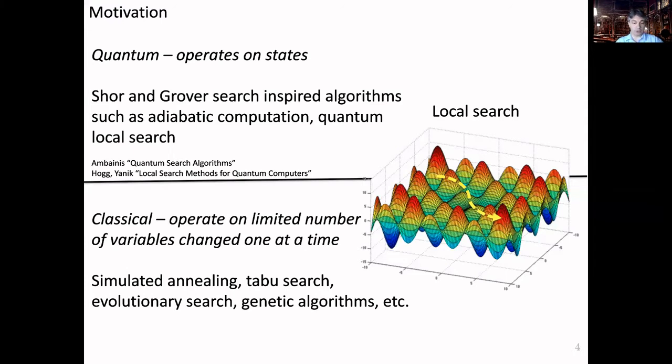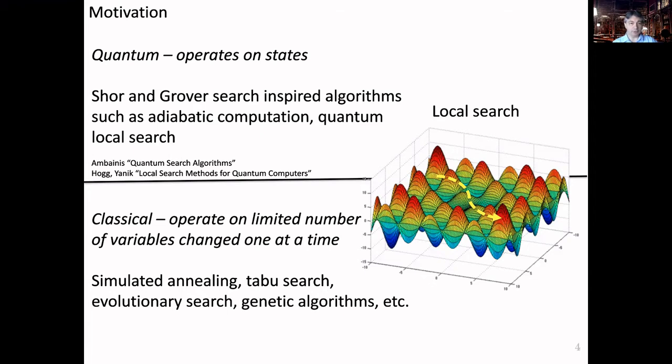Now, in the quantum search, the situation is different, right? The quantum search operates on the superpositions of all solutions. Instead of selecting only a single new state, each step of the algorithm considers all possible new states. This parallelism offers the possibility of improving local performance by arranging for interference among many different classical search paths.